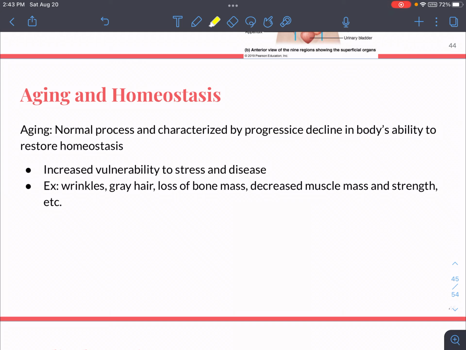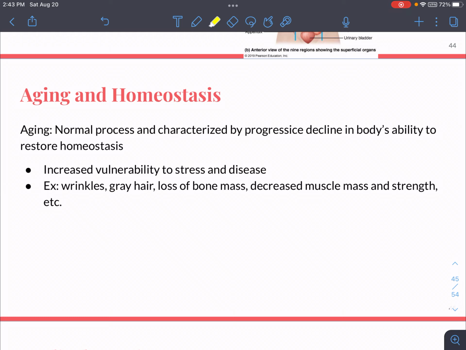Aging and back to homeostasis. So aging is a very normal process for every single person. And it's a progressive decline in the body's ability to restore homeostasis. So your body can't go back to function like its normal function as easily.